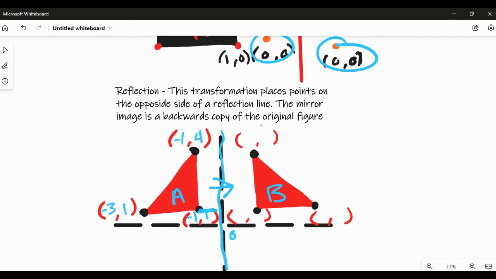So this point must be 1 unit from the reflection line as well. And since we know that it flips across the y-axis, -1 is going to turn into the opposite, which would be 1. Okay. And since we know that these 2 points correspond with each other on the x-axis, this point is going to be 1 as well.